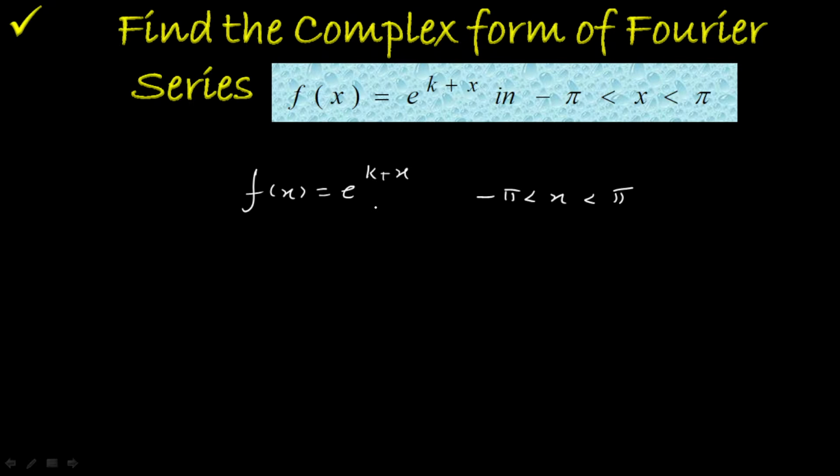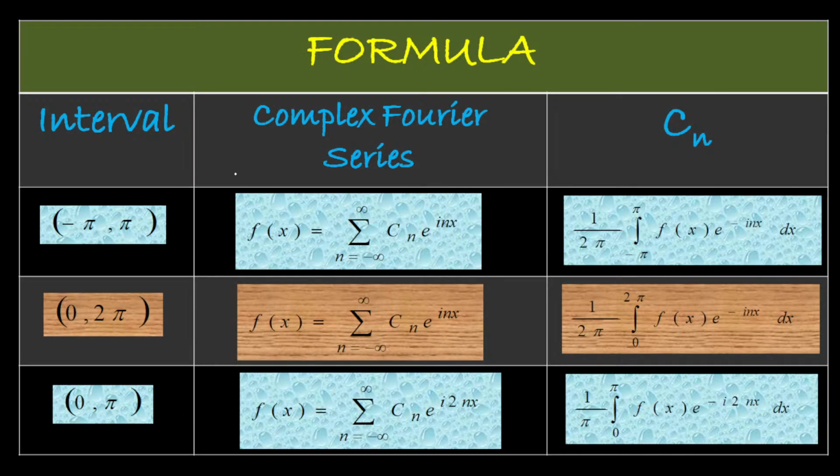So, you know the general form of the Fourier series representation of f of x, isn't it? Let me show you the formula table for your reference. Under the interval minus pi to pi, the general form is f of x equal to sigma n from minus infinity to infinity c n e power i n x, where c n is calculated using the formula 1 upon 2 pi integral minus pi to pi f of x e power minus i n x dx.